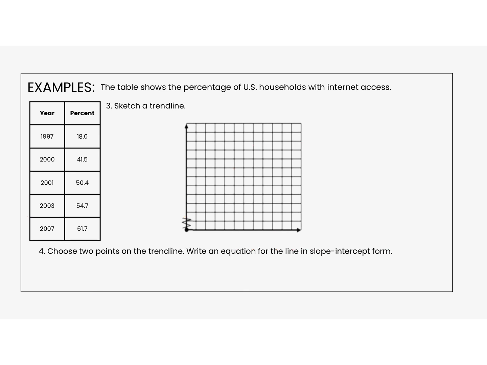All right, so in order to do step 3 of sketching a trend line, I'm going to quickly graph this again. So I'm labeling my axes. So this is 15, 25, 35, 45, 55, 65. Okay, and remember the x-axis is years and the y-axis is percent.